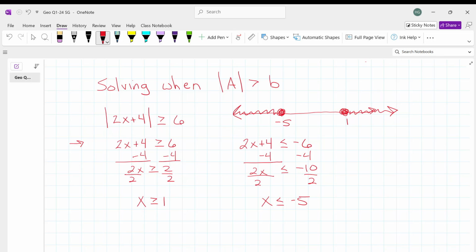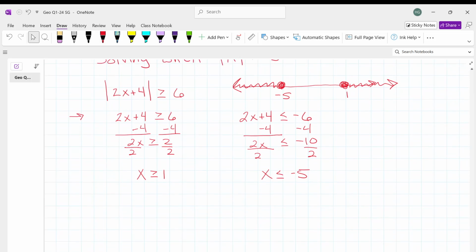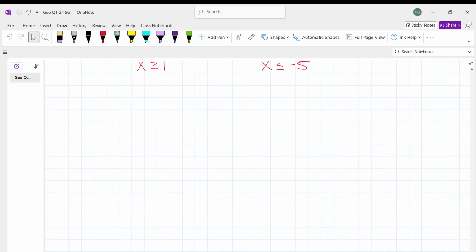All right, so let's do one more of these, and then I'll give you some practice on your own. Let's look at the absolute value of 5x plus 10 greater than 15.